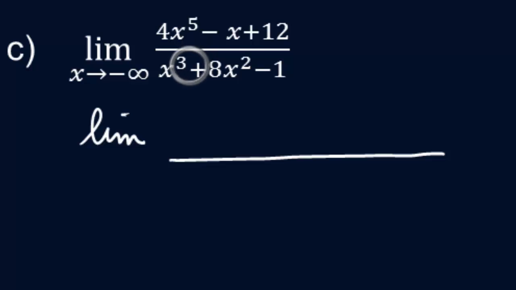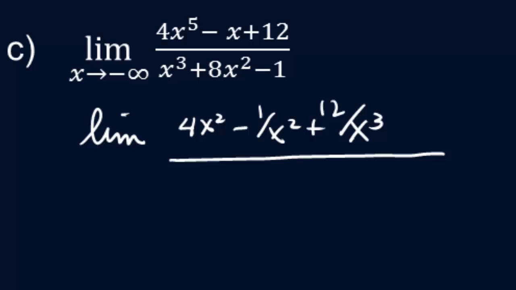Then we have to determine first by dividing each term by the highest degree that occurs in the denominator. So 4x to the 5th divided by x cubed would be 4x squared. Let's go ahead and make a shortcut. X divided by x cubed would be minus 1 over x squared. Of course, 12 divided by x cubed. X cubed divided by x cubed is 1.